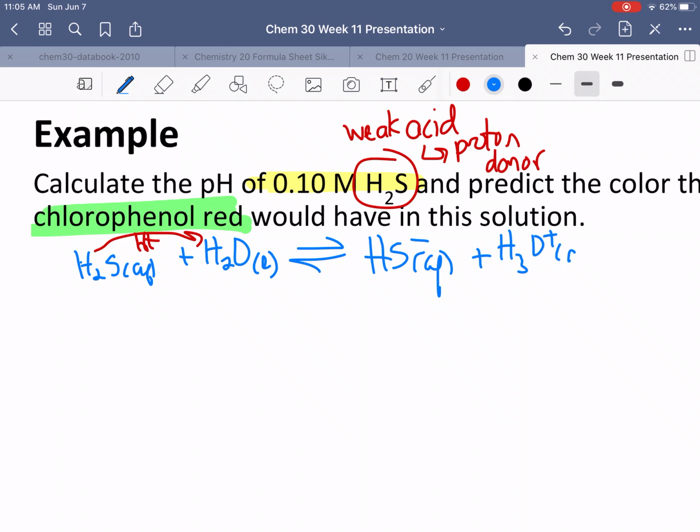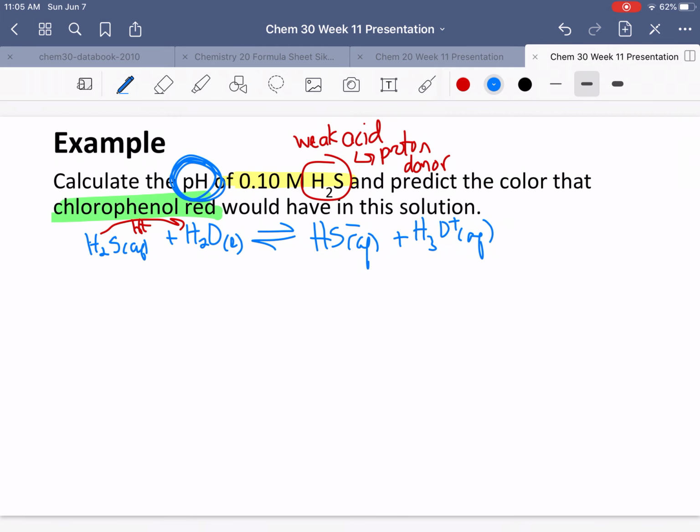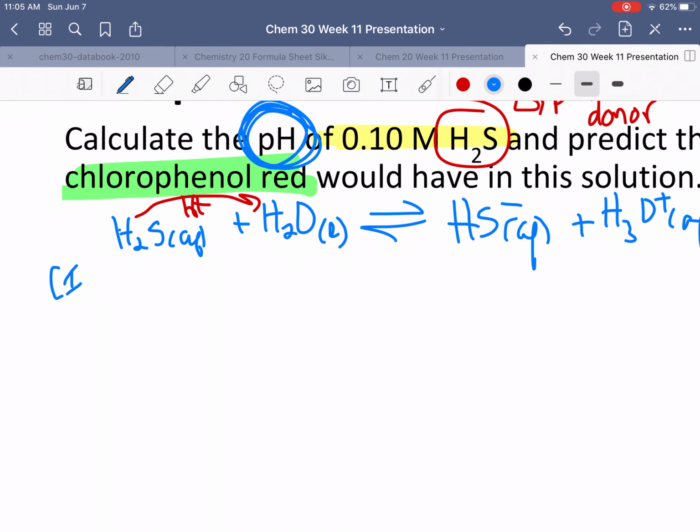H3O plus aqueous. So key thing here is what will the equilibrium concentration of hydronium be? Because that will allow us to calculate the pH. Simplistic ice table, guys, nothing new here. We're now in complete review territory of stuff that we did last week.